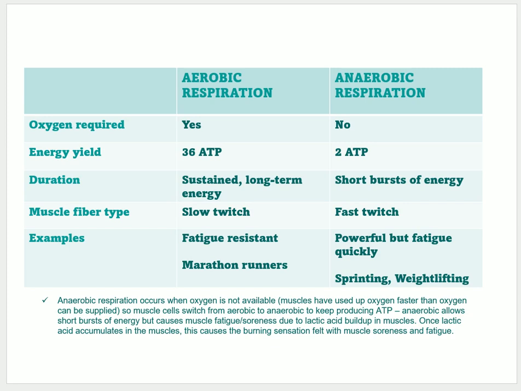So once lactic acid accumulates in the muscles, remember our pH scale, we're getting more acidic. That's what causes that burning sensation that you feel with muscle soreness and fatigue. And that's because we have used up all of our oxygen and we have gone into anaerobic respiration. And that's why we are sore and fatigued.